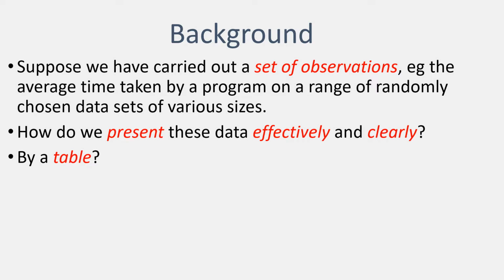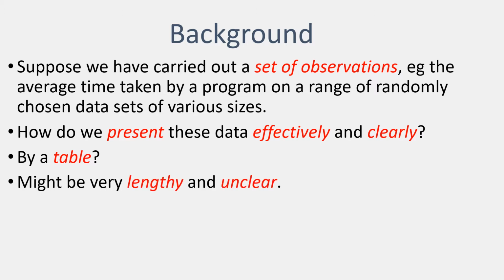We might have a table with a number of columns, one of which presents our data values and the other of which presents the observations that we've seen for those data. The problem with using tables is if we have a lot of material in our experimental outcomes, the table might be extremely lengthy.